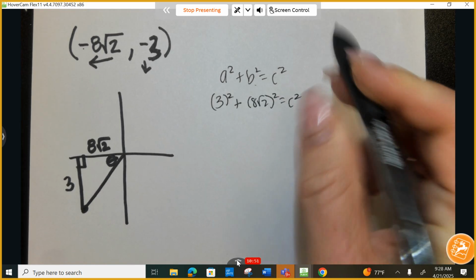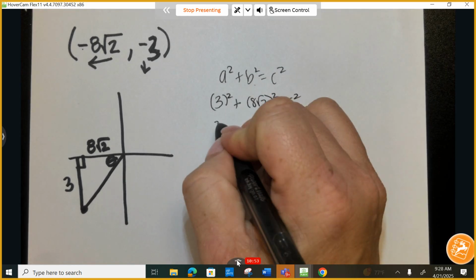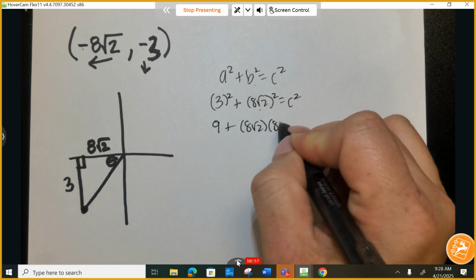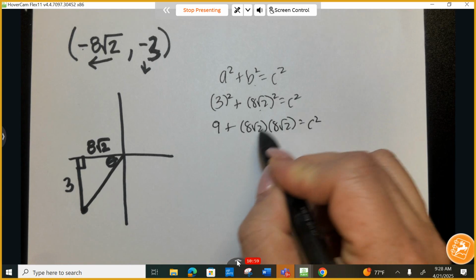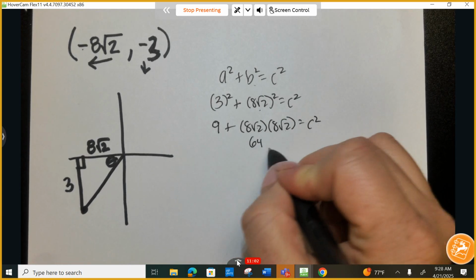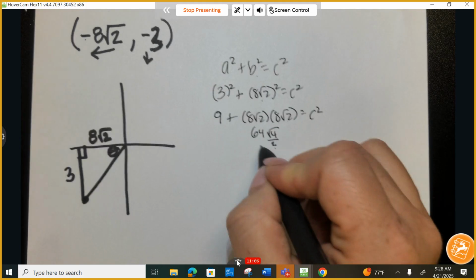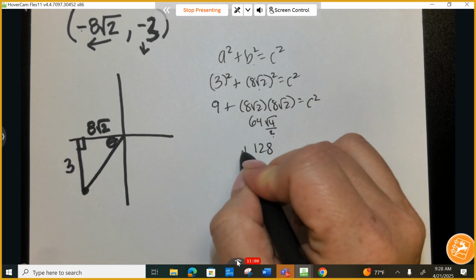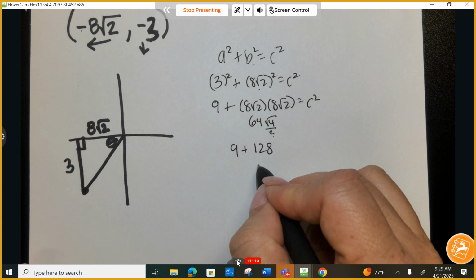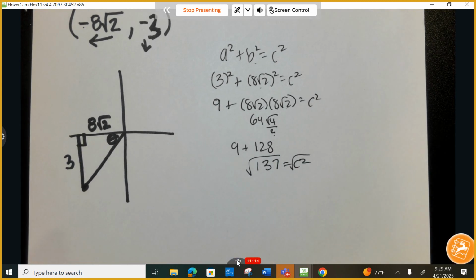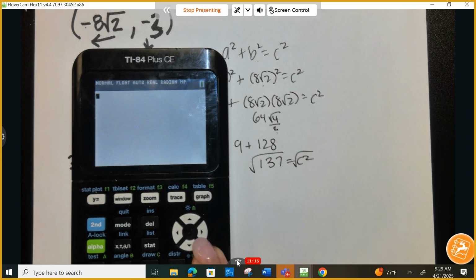I'm just sharing with you that often, unless students expand this by writing 8 square root of 2 times itself twice, I see mistakes. 8 times 8 is 64. The square root of 2 times the square root of 2 is the square root of 4. Well, the square root of 4 is 2. So I'm going to take 64 times 2, which is 128. So there's 138. Subtract 1 is 137. I don't think 137 can be broken down, but let's just check.